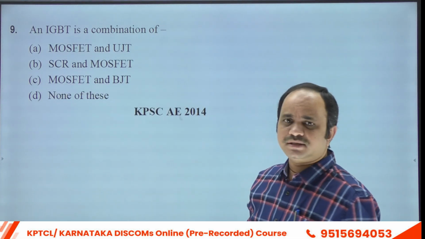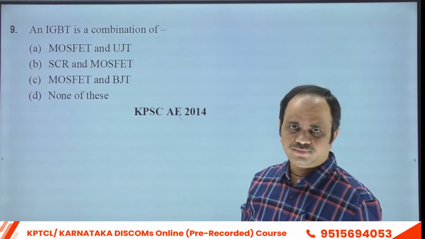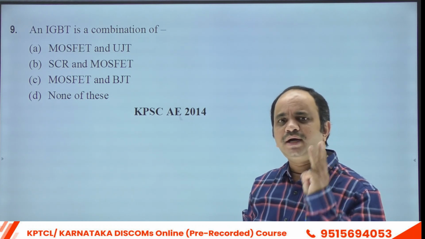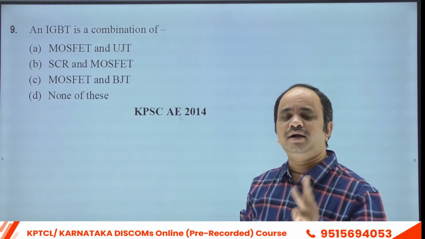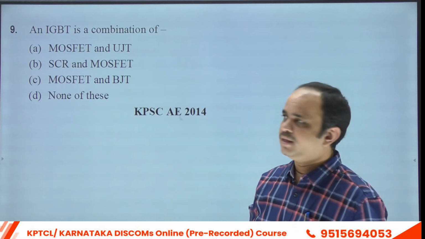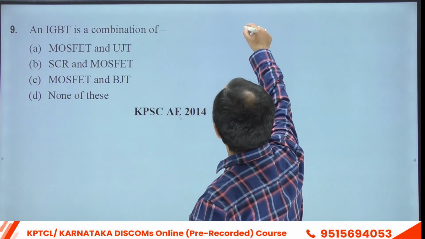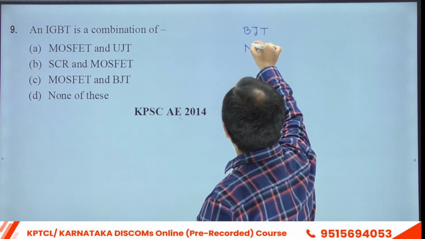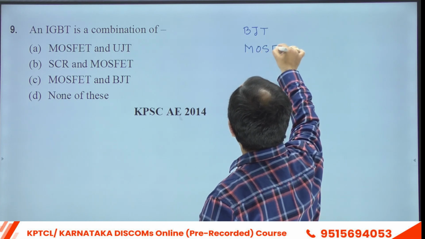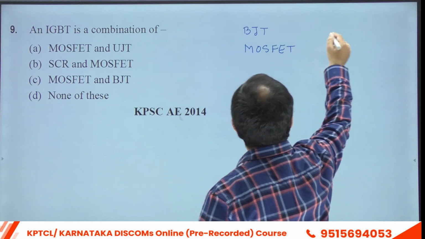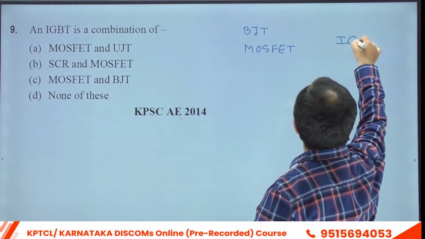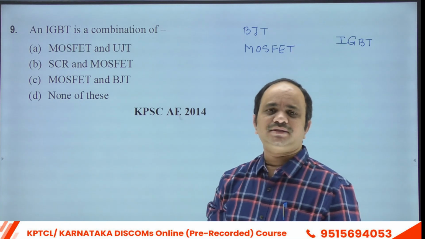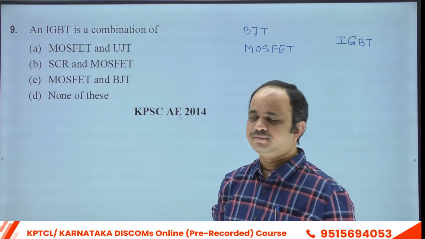An IGBT is a combination of... see, there are three devices that are considered under the transistor family. What are the three devices? BJT, MOSFET and IGBT. So these three devices together are considered transistor family devices.